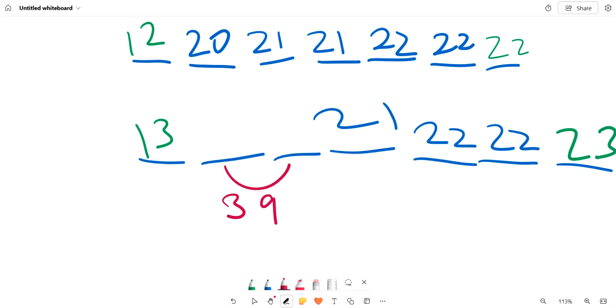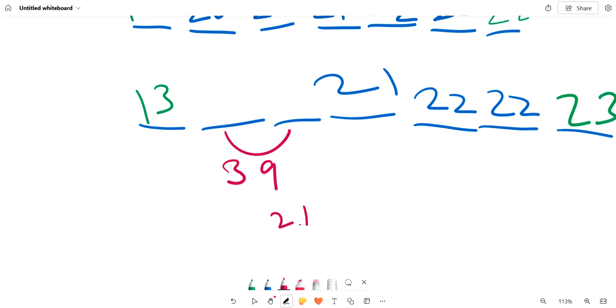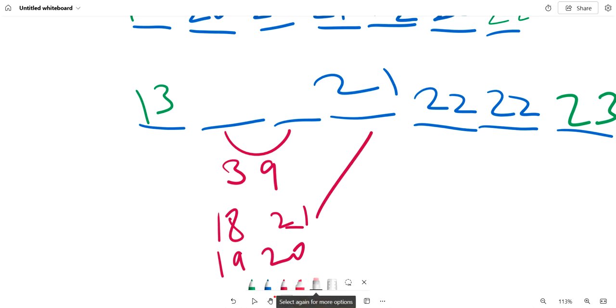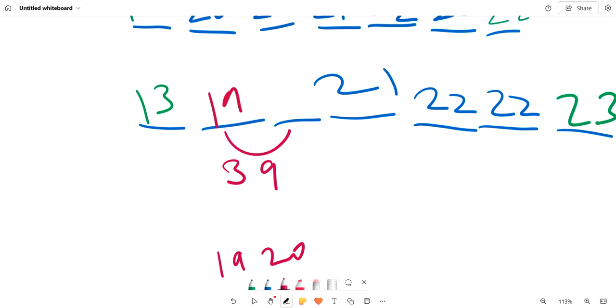And possible choices of that are 21 and 18 or 19 and 20. Those are the only possible options. But we know that if we have a 21 here, then there's going to be two 21s, so 22 won't be the unique mode, so this doesn't work. So the only possible way for this to work is if there's 19 and 20.